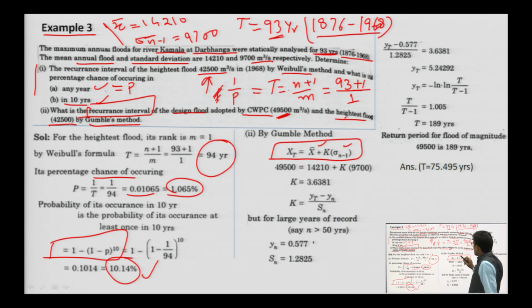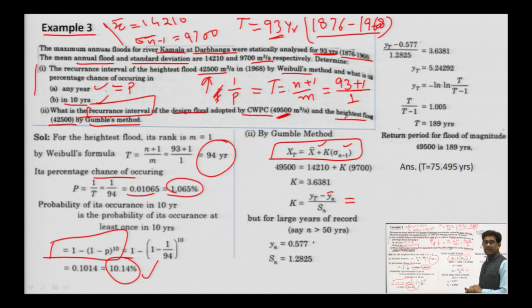So, simply we will calculate the value of K using this expression, (yT minus yn bar) divided by Sn. And the coefficient is not given to us.